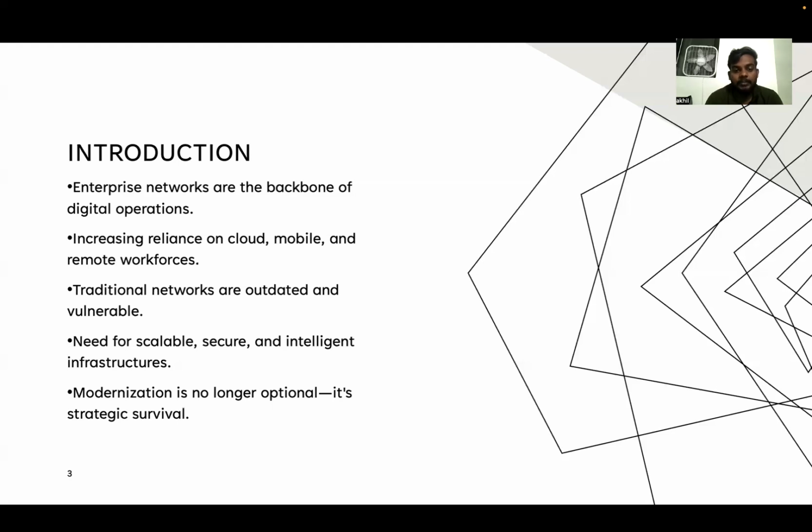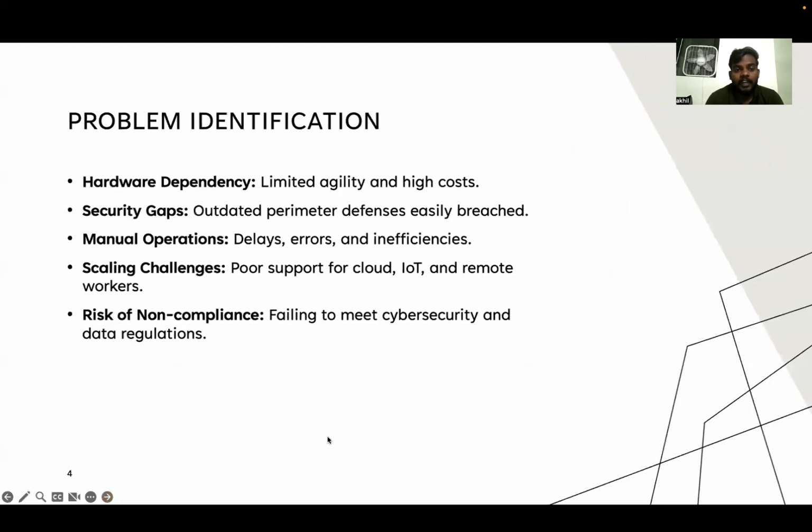In today's digital economy, modernizing network infrastructure is not only a technical improvement, it is also a strategic requirement to support performance, agility, and security.